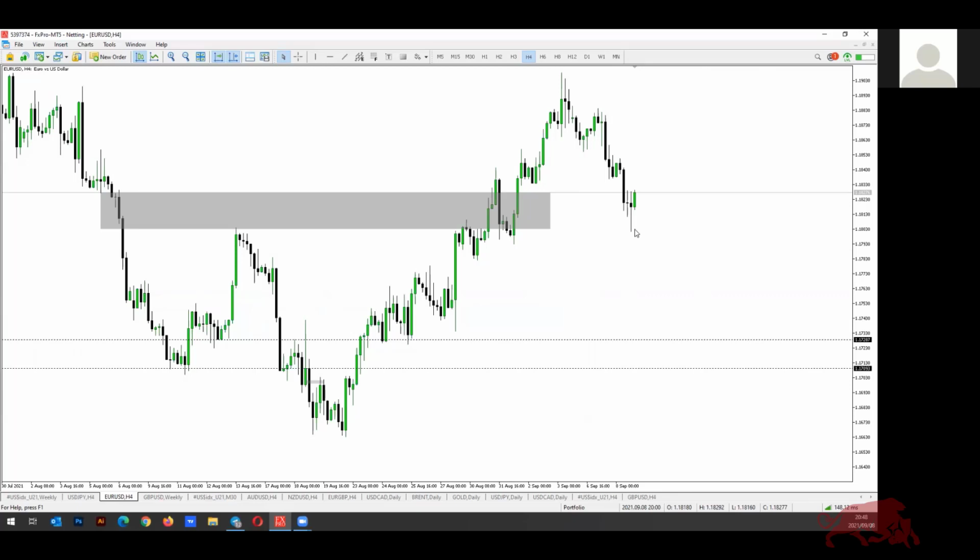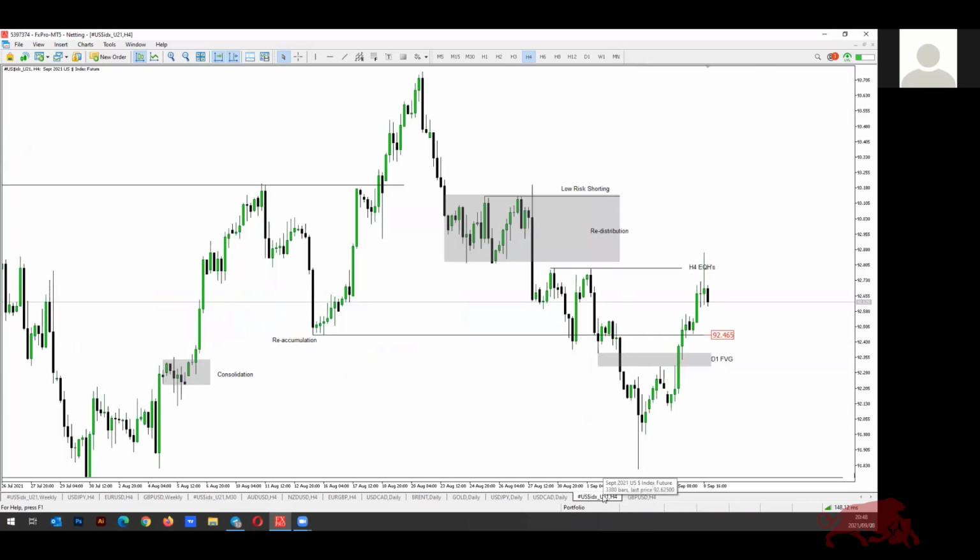So it's a case of following through with what the analysis of dollar is telling you, and then you trade the other assets. Now, once price closed above 92.465, your longs would have been targeting 92.880, an old area of redistribution.